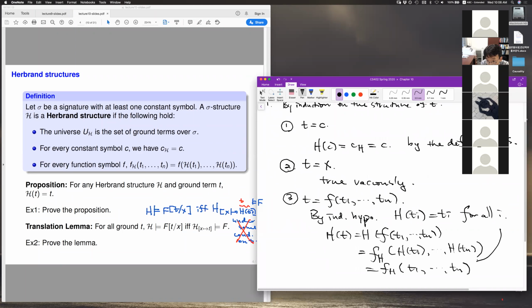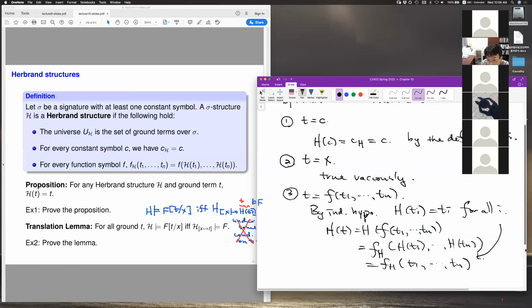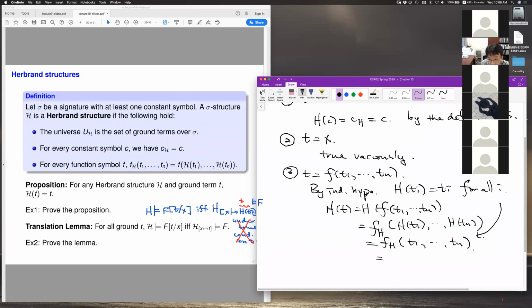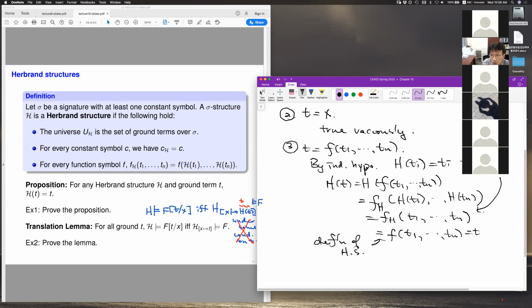And this is really what we wanted to prove. Now by the definition of a Herbrand structure, that is the same as f(T1, ..., Tn), which is the same as T. So this is quite a simple induction.